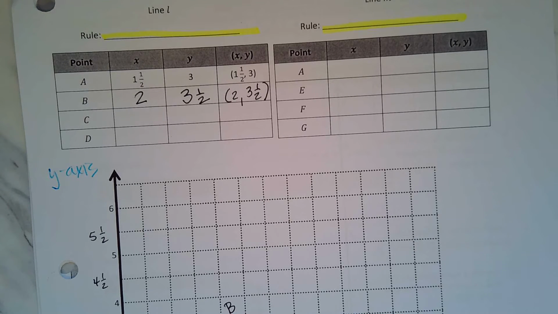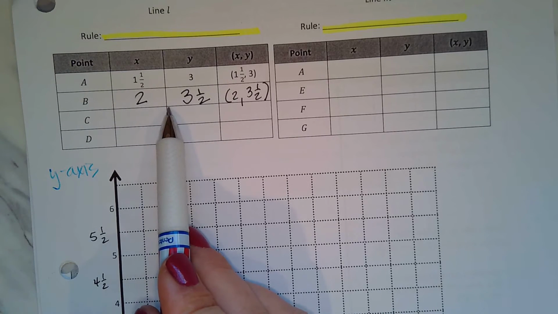How are they getting that Y coordinate? What could they be doing to the X to get the Y? The y coordinate is always, I notice, more than the x, right? At first, I thought we were going to be doubling x, but now I can see that we're adding 1.5 to x.